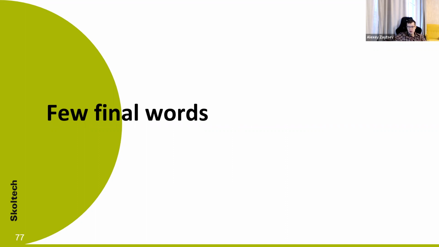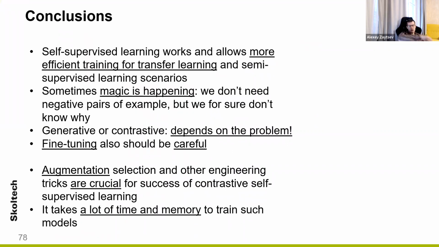So a few final words. We see that this is a self-supervised approach, and in general similarity learning, if you have some supervision. It works, there are a lot of heuristics to think about, but it works, especially for large datasets. We have meaningful representations that we can reuse for many problems here. And we can try different scenarios.